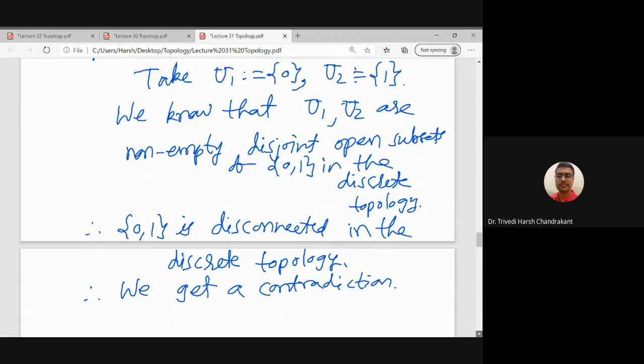What is correct is that {0, 1} is a disconnected space, but by applying that theorem we get {0, 1} is a connected space. So that is a contradiction because {0, 1} is a disconnected space. That is happening because what we assumed is wrong. We assumed that X is a connected space, therefore X is a disconnected space.